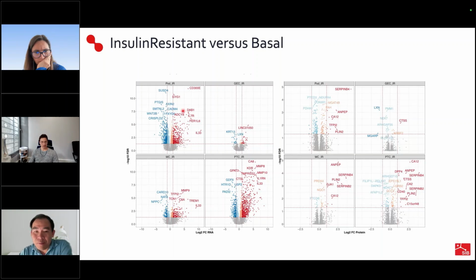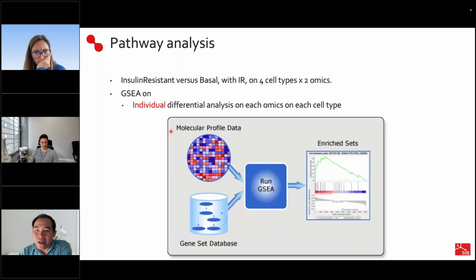So the proteins and RNAs change differently between the two conditions, and that's what we want to investigate later with the pathway analysis. So we have only one contrast on the 4 cell types with the 2 omics.